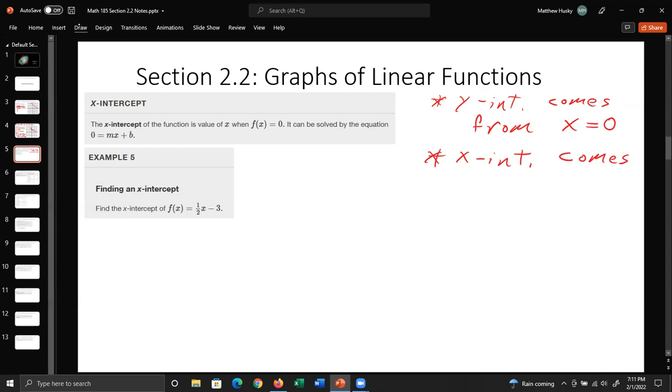Basically, the name of the intercept tells you that the other variable should be a 0. It comes from y equaling 0. And as an alternative, that's f of x equals 0. Anytime you see y, that's basically another way of saying f of x. So basically, they say find the x-intercept.